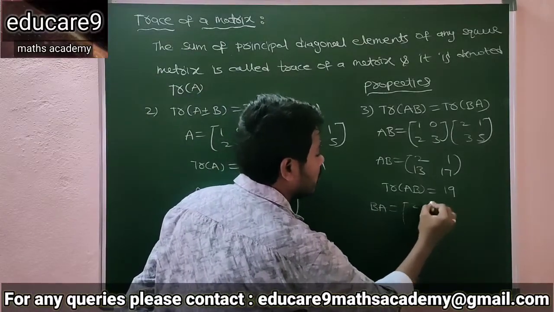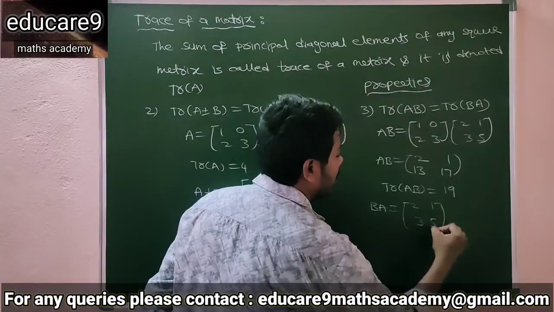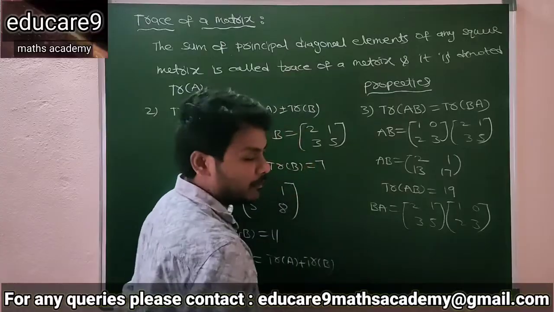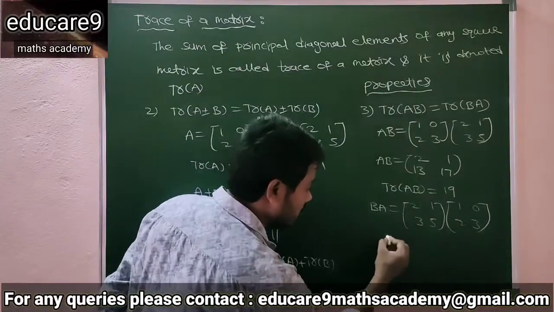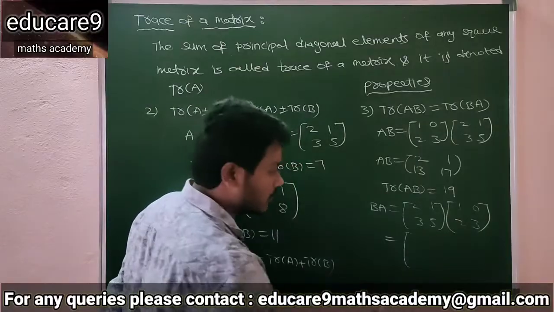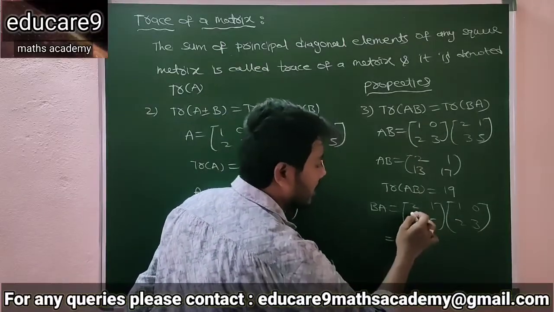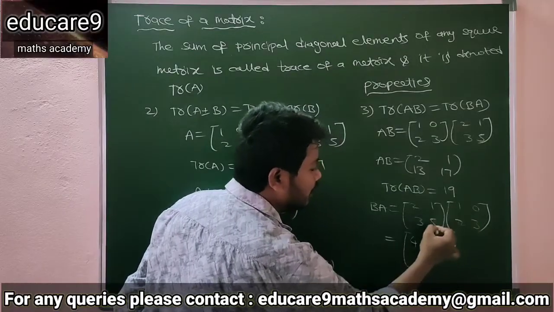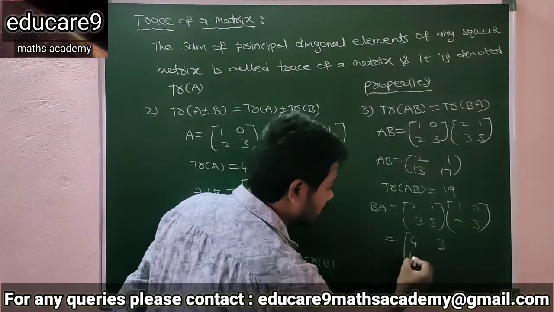Next find BA, that is 2 1 3 5 into 1 0 2 3. Again find these. Here 2 plus 2, that is 4. Next 0 plus 3, that is 3. Next 3 plus 10, 13.